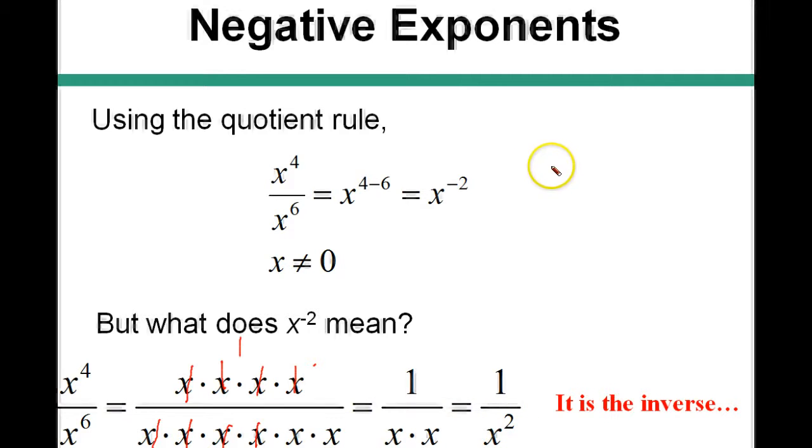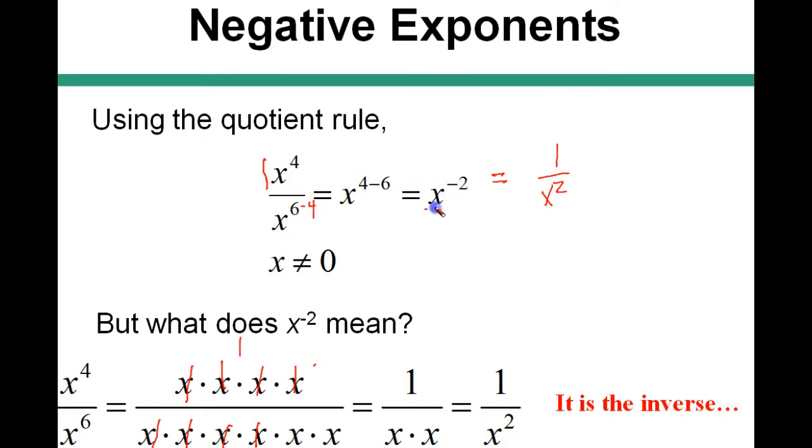Or another way to look at that, leave the 1 up there, because there's a 1 in front of every number. Bring this down. This becomes a negative 4. So this will be 1 over x to the second. So what does x to the negative 2 equal? Well, it equals 1 over x to the second.